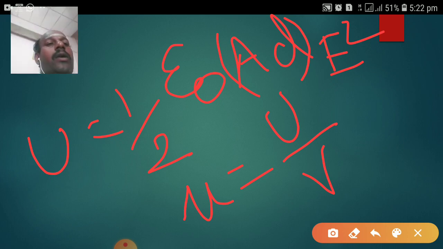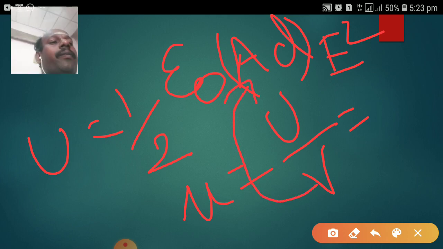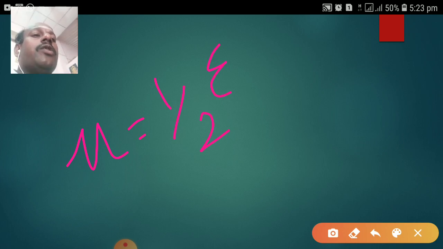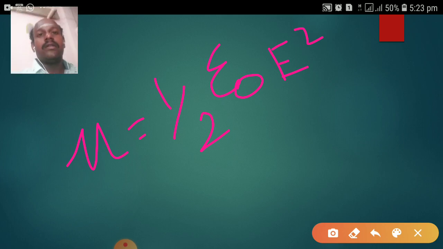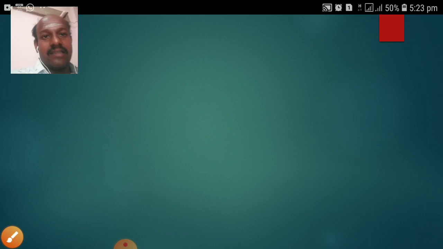Instead of volume, I can substitute A into D. So the energy density u is equal to 1 by 2 epsilon naught E squared. This indicates that the energy stored in the capacitor is in the form of electrical energy.